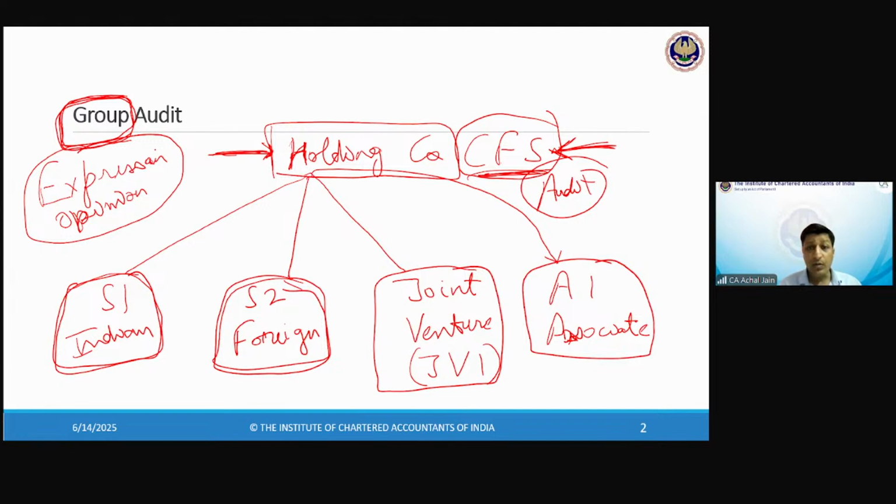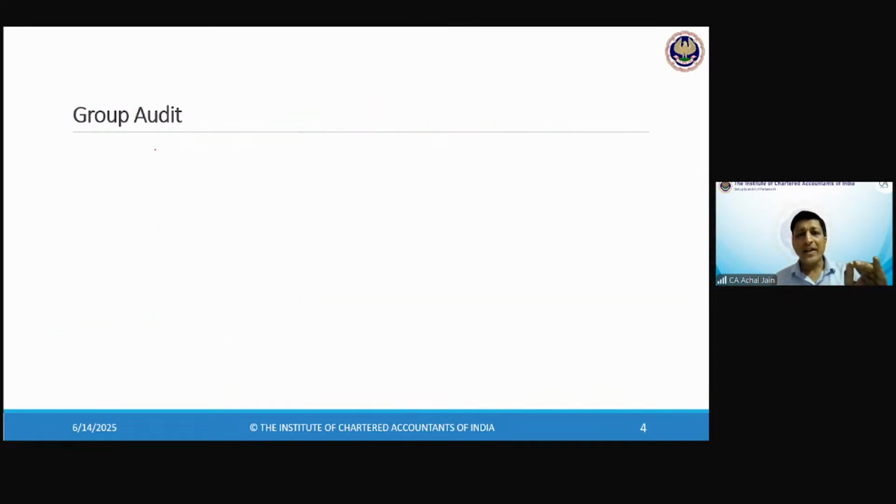Okay, so let's try to understand some of those requirements. Now, for us to get on to the audit of CFS, some important points which need to be looked at will again be related to the financial report or will again be related to the accounting requirement.